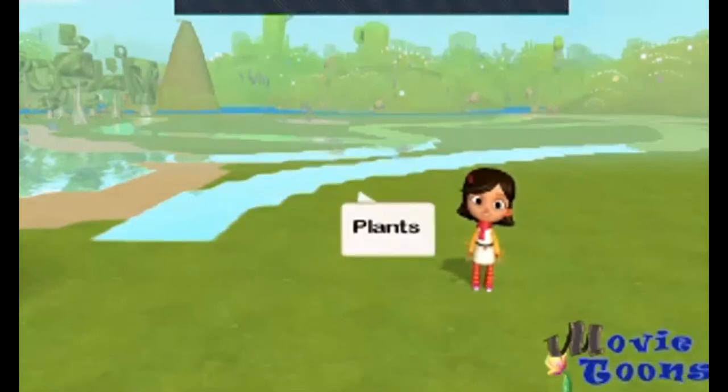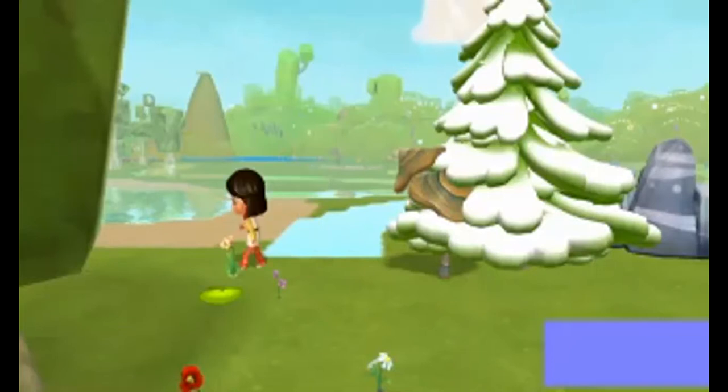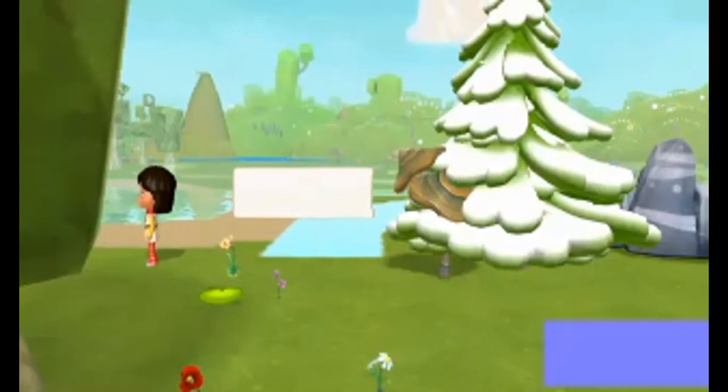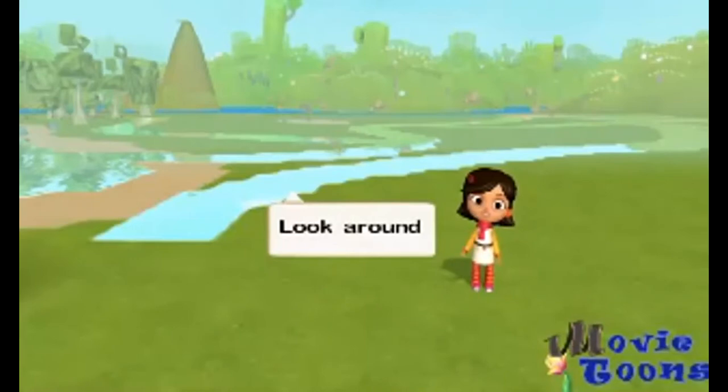Plants. She's looking at the trees. And what are trees? They are all living beings. Look around.